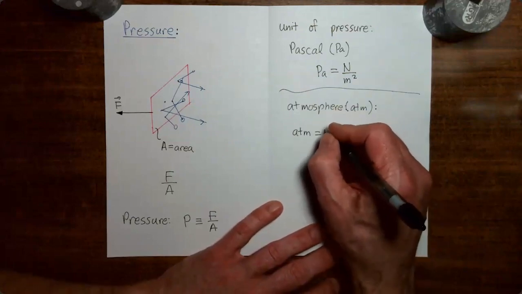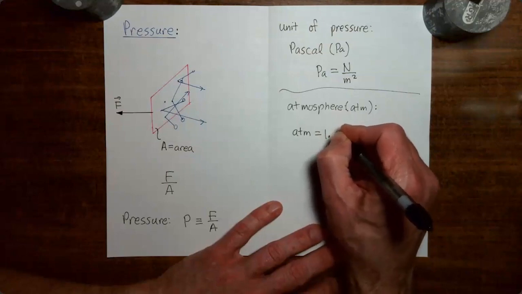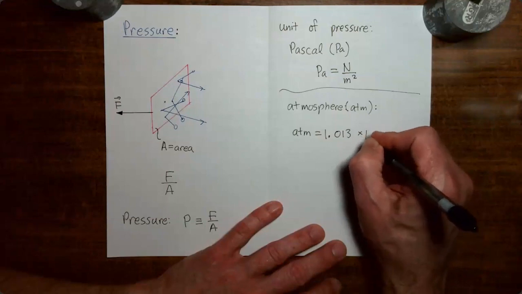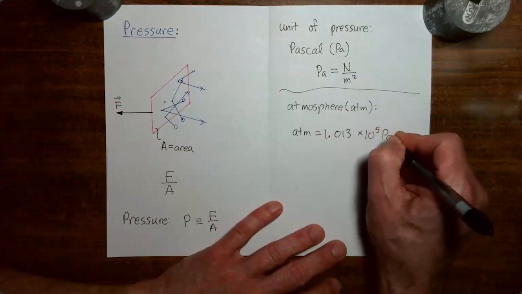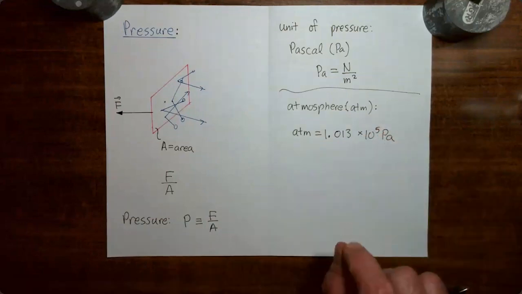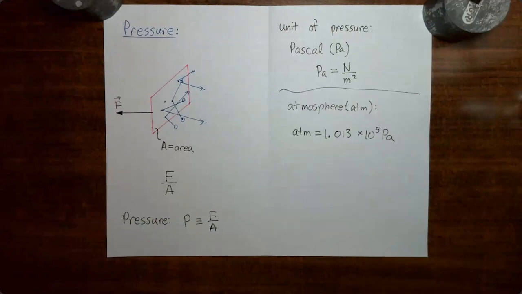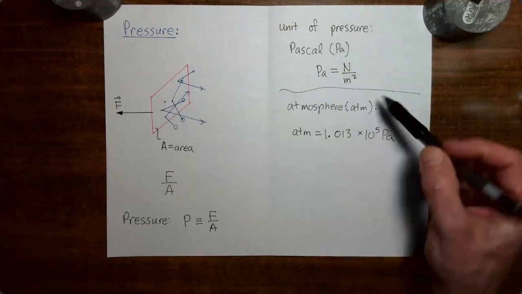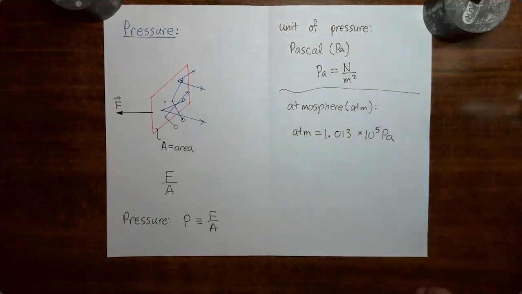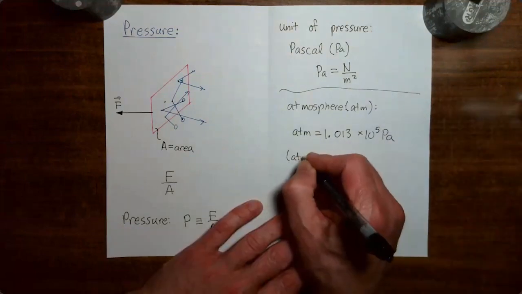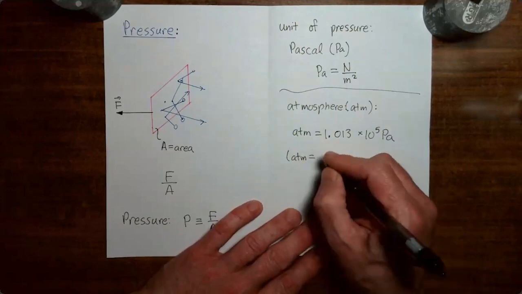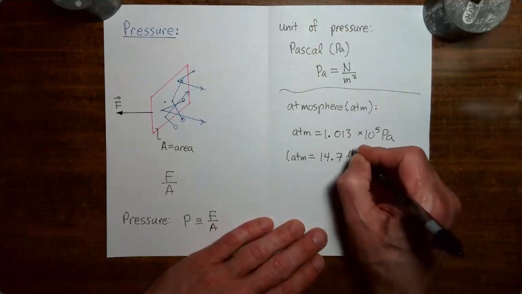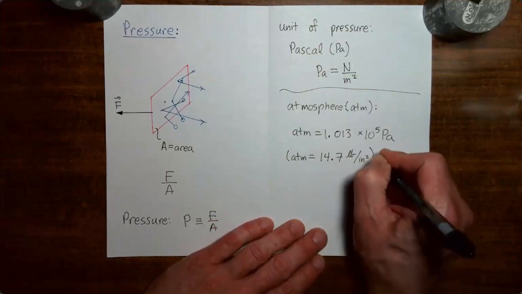Based on that definition, it turns out that an atmosphere is 1.013 times 10 to the 5 pascals. In other words, the typical air pressure at sea level is about 100,000 newtons per square meter, which is quite a bit. For the sake of familiarity, I'll also point out that an atmosphere is also about 14.7 pounds per square inch.